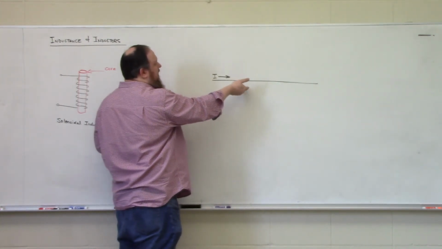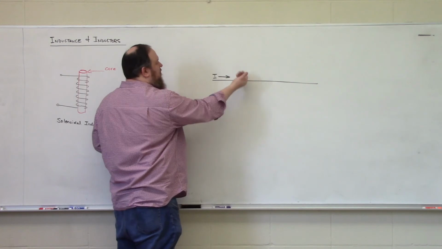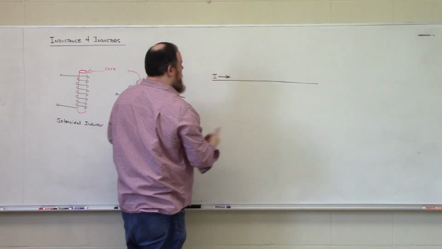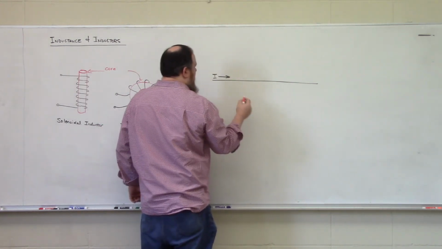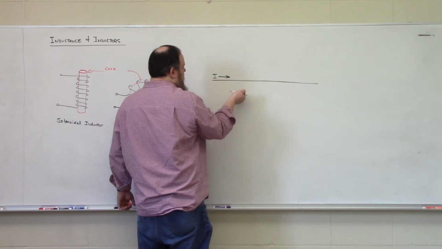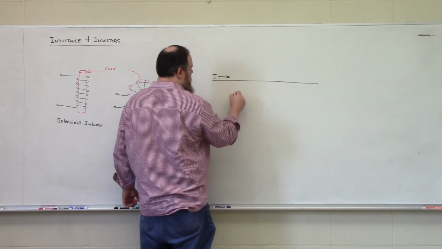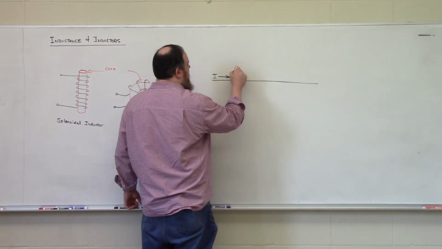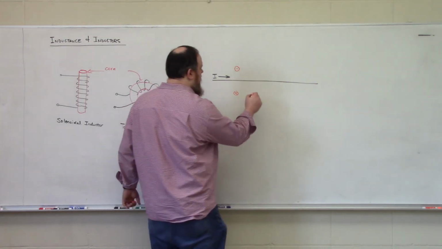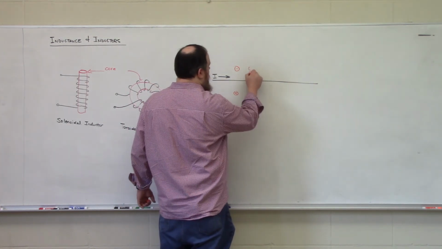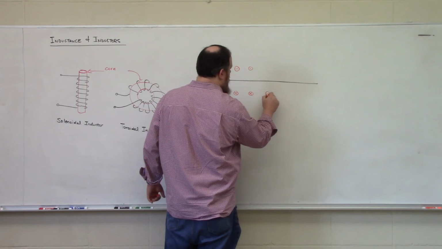So it's going to be going into the board, below the wire, and coming out of the board and circling back around. So going into the board, we would see the tail. Coming out of the board, we see the head of the arrow, like so.